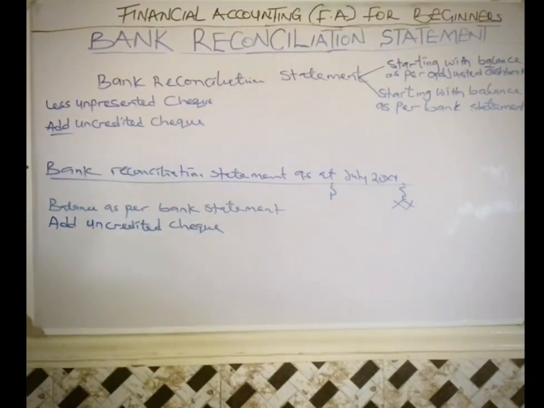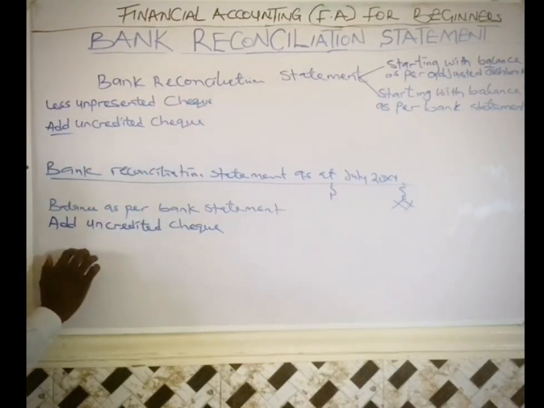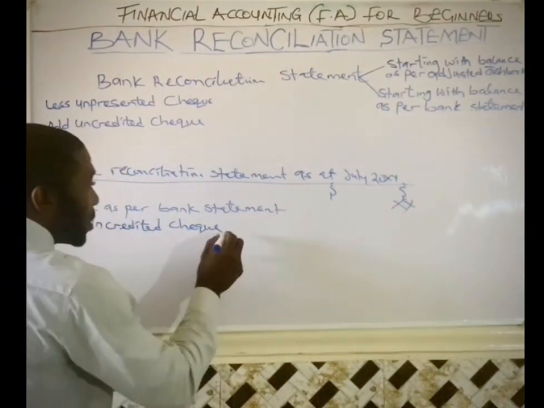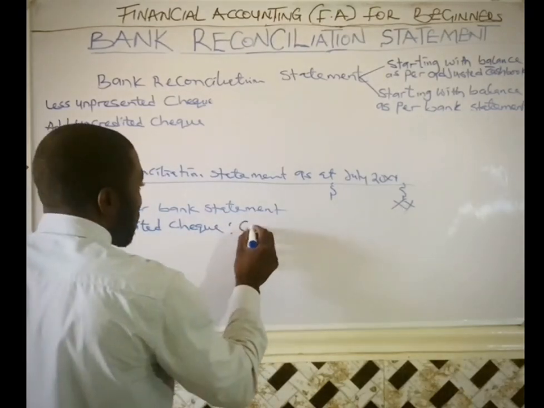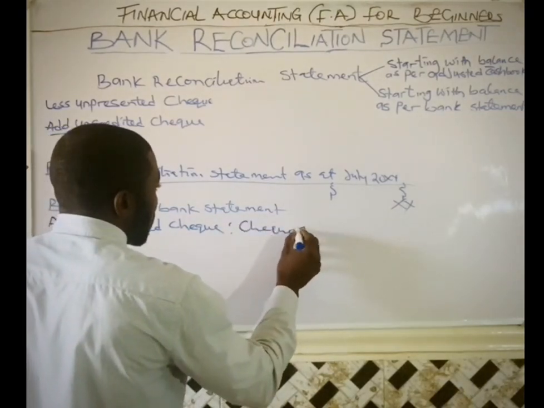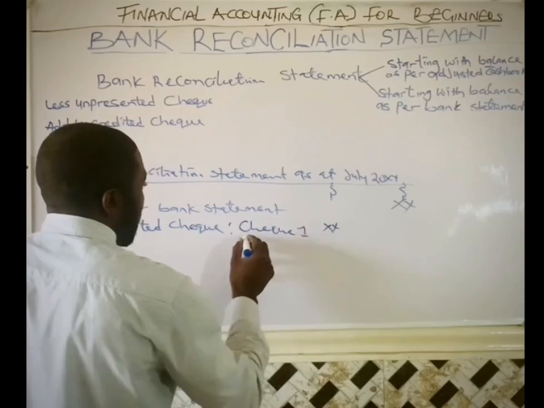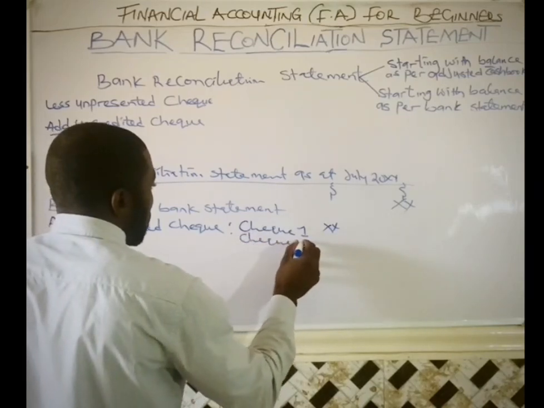Why am I adding? In accounting, always think positive. Since we always think positive, we always start with positive, not negative. That is why you see add uncredited check. And if the checks are many, let's say check 1 and check 2.